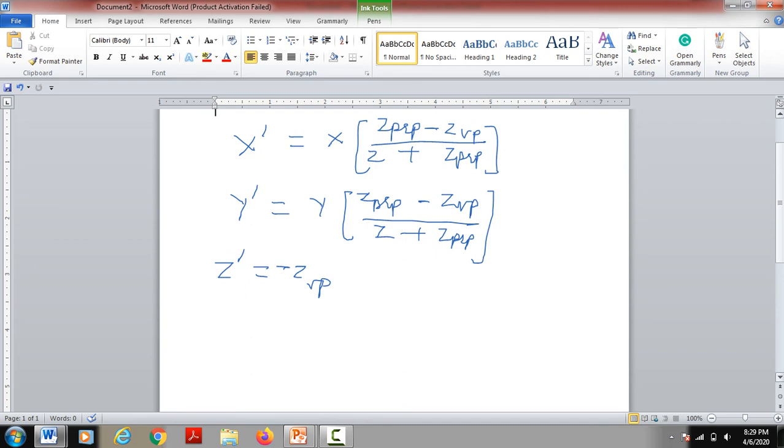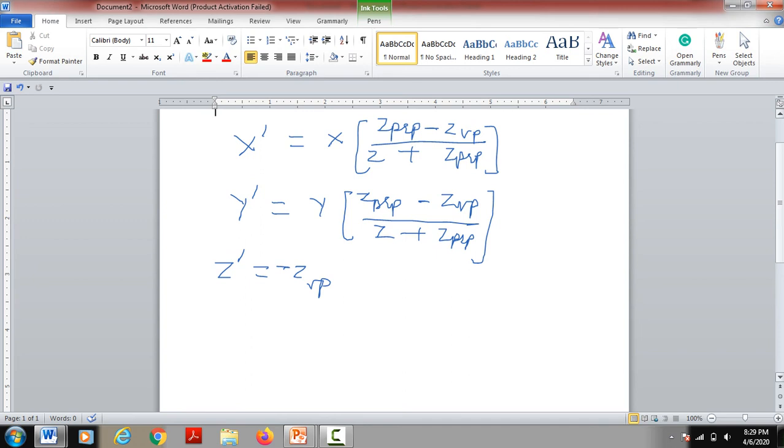Now we can consider the different cases. One special case is when the view plane is at the origin. If the view plane is at the origin, then we consider the value of z dash as 0, and we compute these values according to that case.